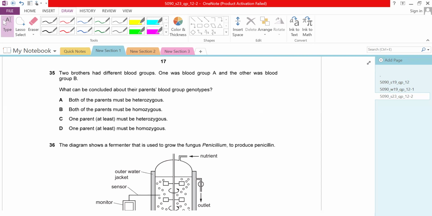No. Both parents must be homozygous? No. Option C is one parent at least must be heterozygous. Yes, this option will be correct. The fourth option is one parent at least must be homozygous. No. Option C is correct for question number 35.